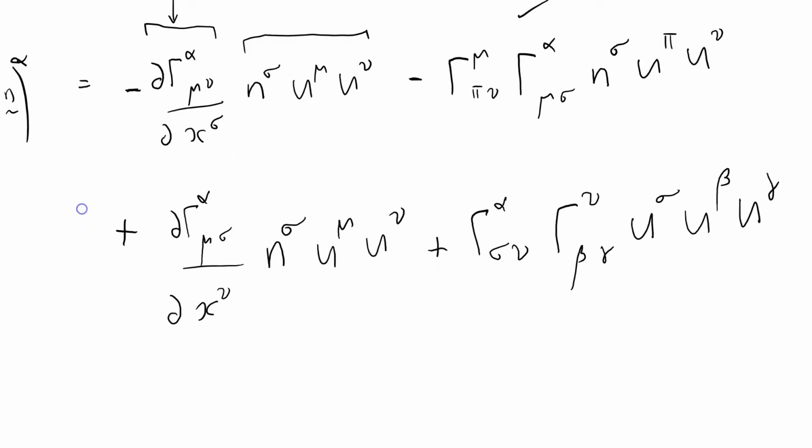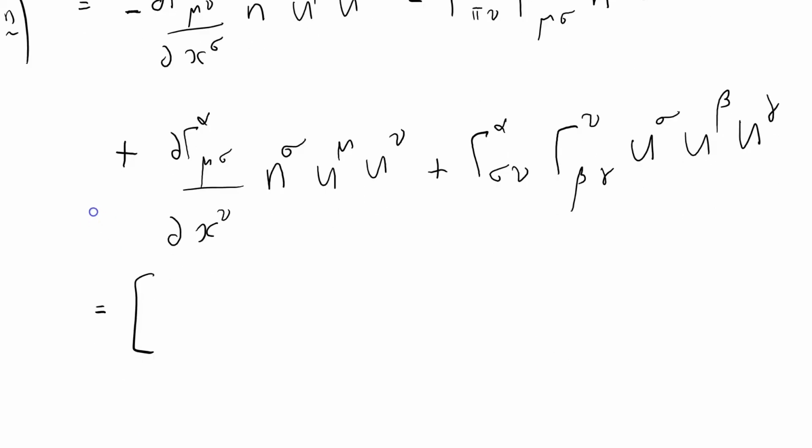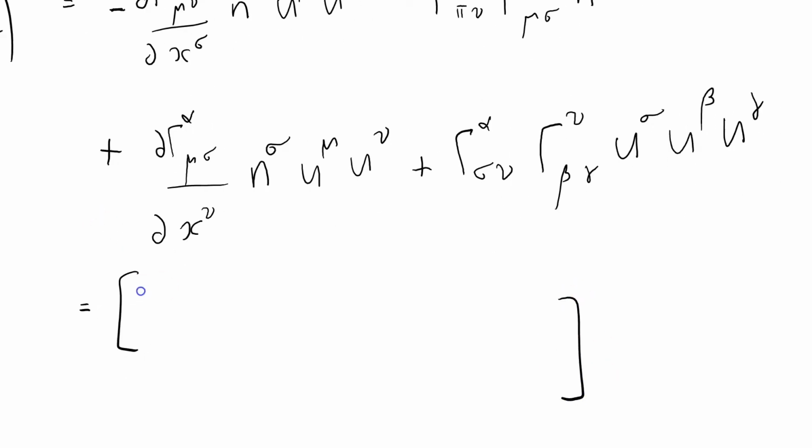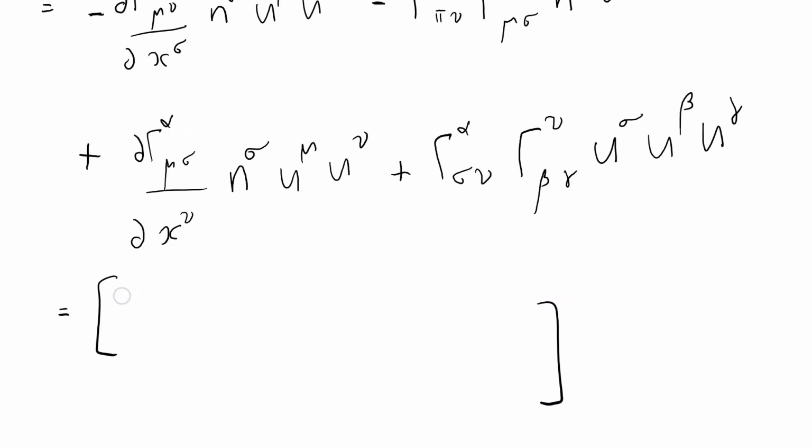And it looks quite a pain, but what I'm going to do is factorize it. See if I can do it in one line here, and I'm going to factorize it in terms of u, n. And we've got a u sigma, a u mu, and a u nu.